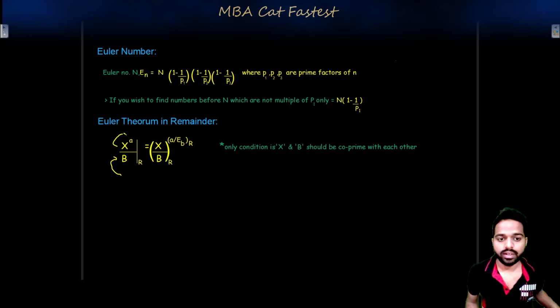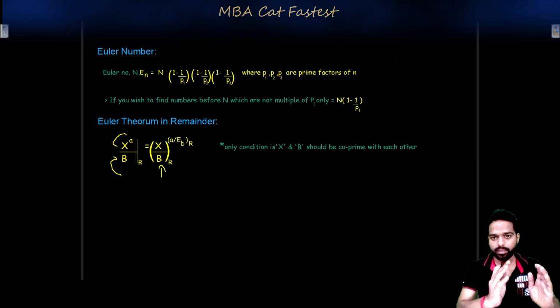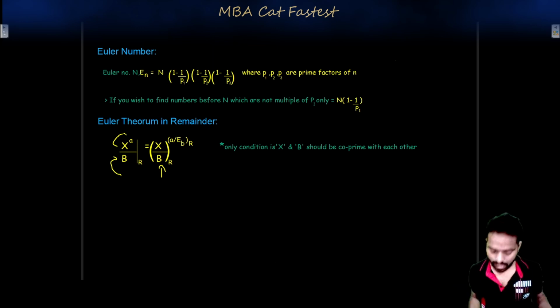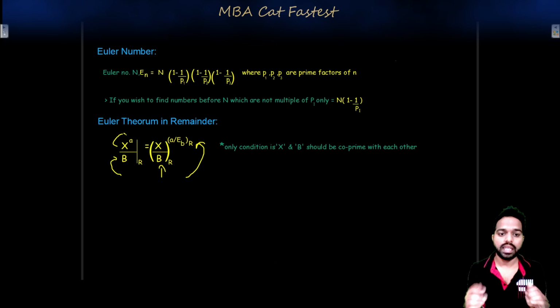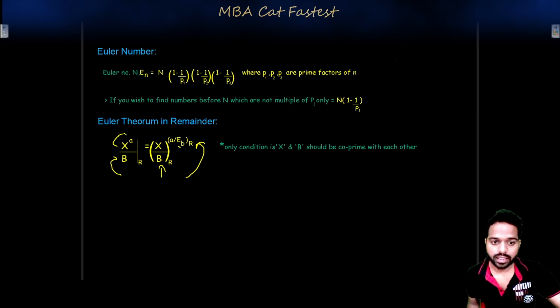You can solve it individually as well, by taking x by b as 1, and then for the other, the power a by Euler number of b. Let's say the base is 37. So what is the Euler number of 37? It will be 36, as Euler of 37 will be 37 multiplied by 1 minus 1 upon 37.